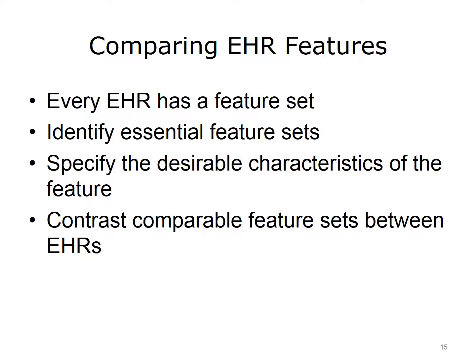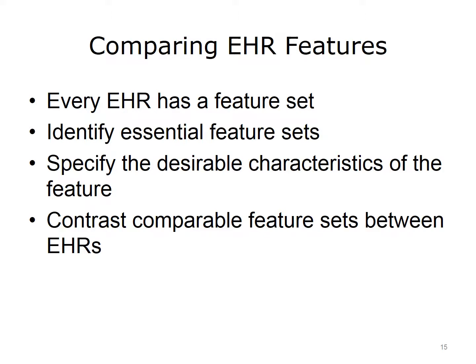When comparing EHR features, an organization may also want to specify the desirable characteristics of the features under consideration. For example, using the previous example of CPOE functionality, an organization may want CPOE order sets that allow clinicians to make multiple orders with one selection, to reduce the number of tedious tasks for the clinician.